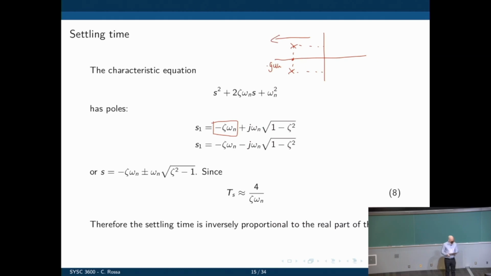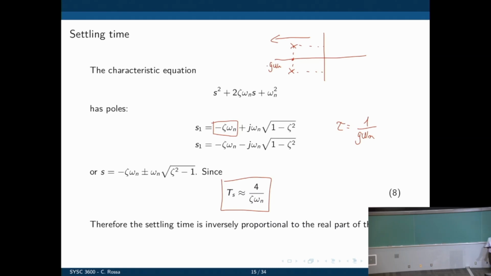Depending on how close it is to the imaginary axis, same thing we saw for the first order system, the farther it is from the imaginary axis, the faster the system responds. So the greater zeta omega n, the farther it is from the imaginary axis, the smaller the settling time. So by defining the time constant from the real part of the pole, this is now in perfect agreement with the observations we made for the first order system.